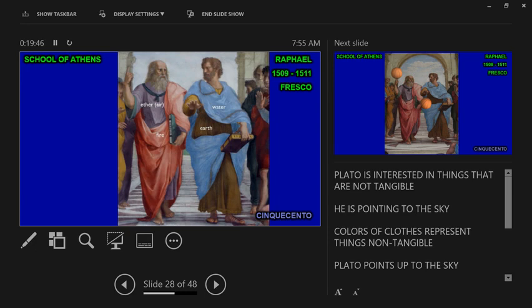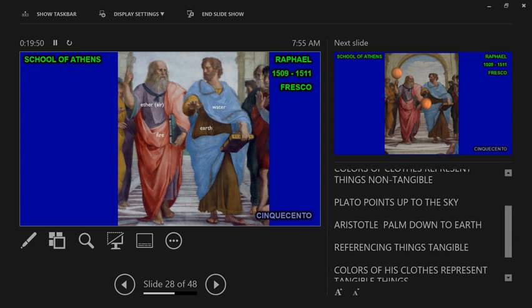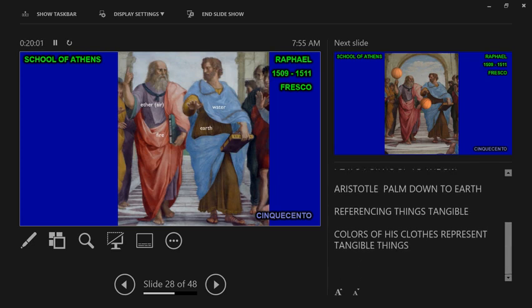So his clothes are brown and blue. And then Plato points up to the sky, referring to air. And Aristotle has his palm down to the earth, referring to the earth and things that are tangible. So their poses and their clothes refer to the things that they are interested in.